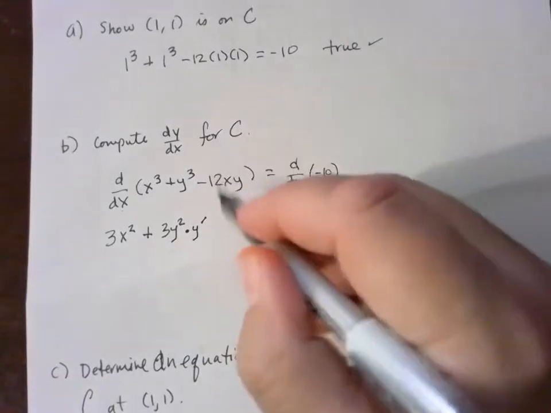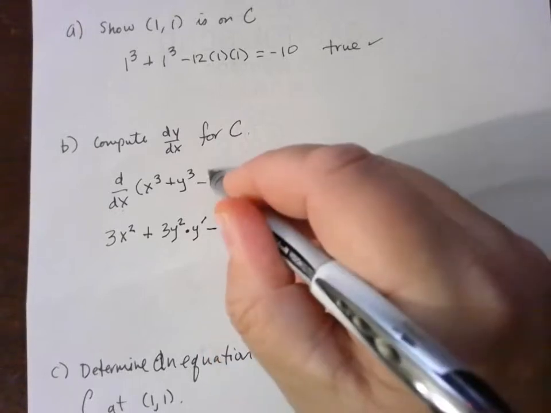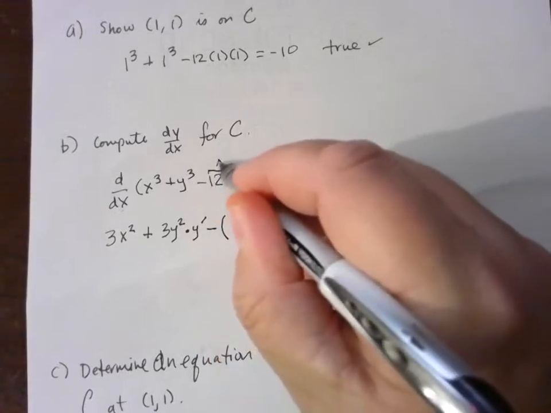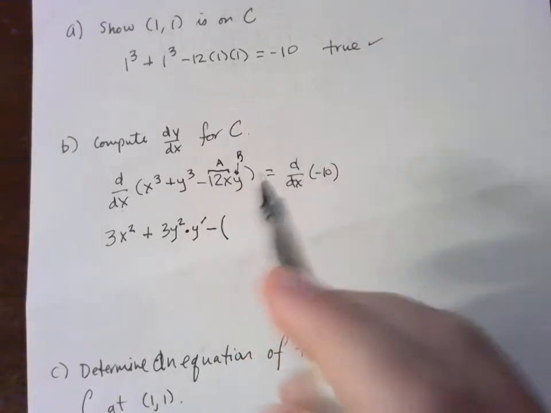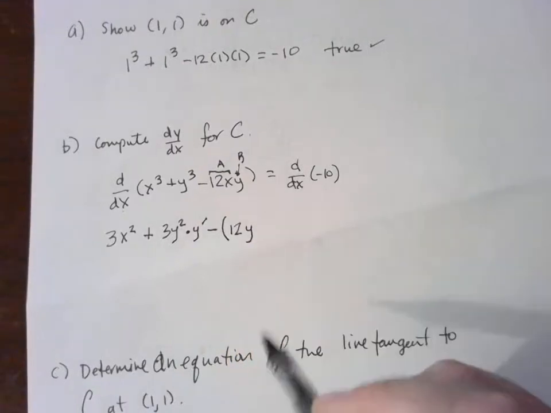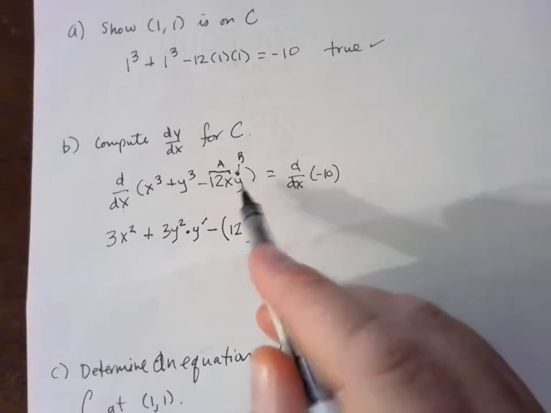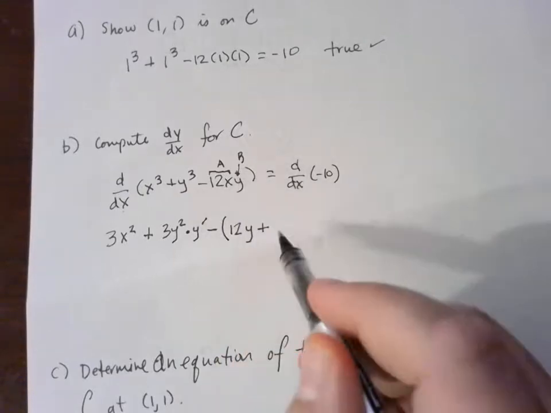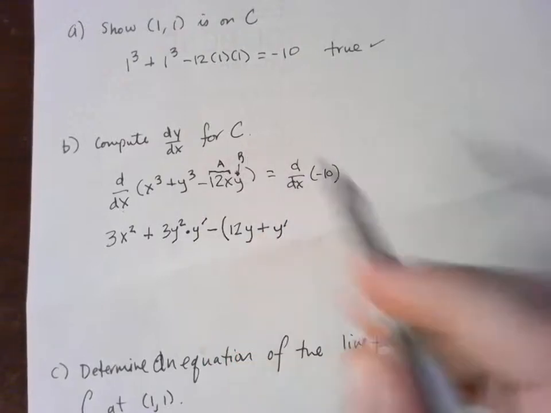Then I have a product. I have minus, this is going to be my part A from the product rule, this is going to be my B from the product rule. So the derivative of A is 12 times B, which is y, plus, then I have the derivative of B, that's d dx of y, so it's simply y prime, times 12x.